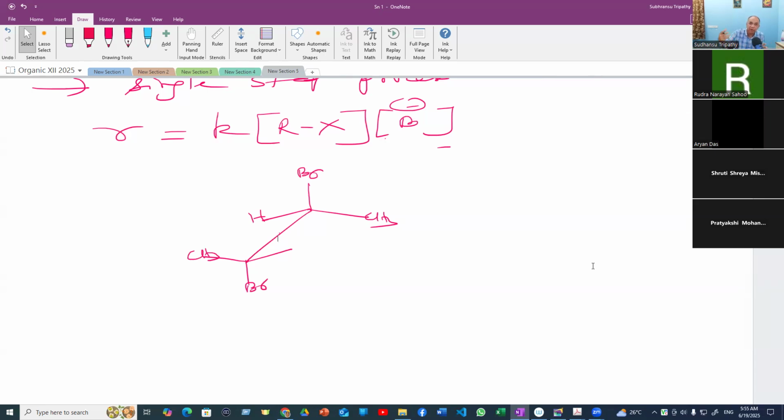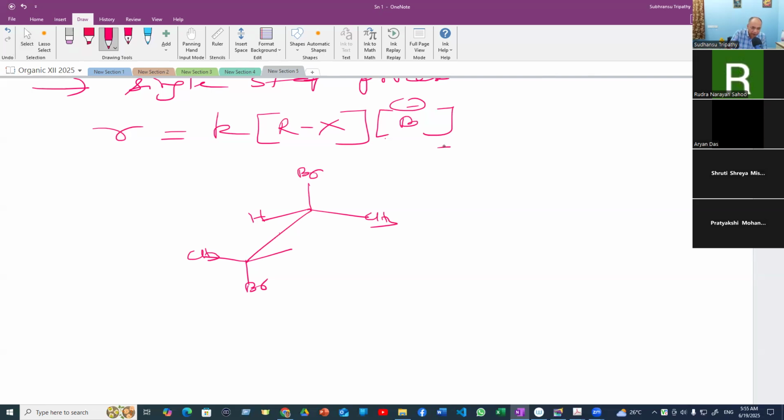The three staggered forms you will find, where the bromines will be anti, the bromines will be gauche, and there will be mirror images. So this is the most stable conformation, where the steric strain is minimum. Bromine, bromine are anti, methyl, methyl are anti, and this is meso.